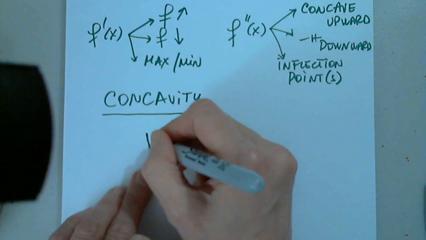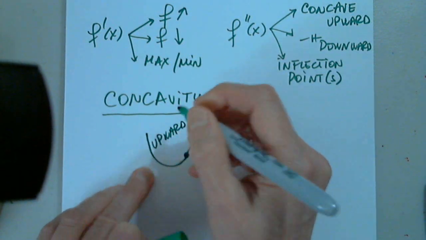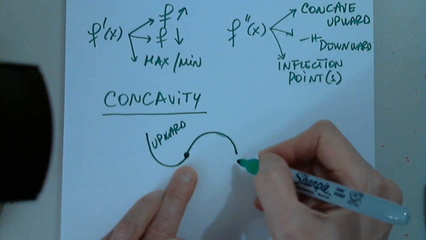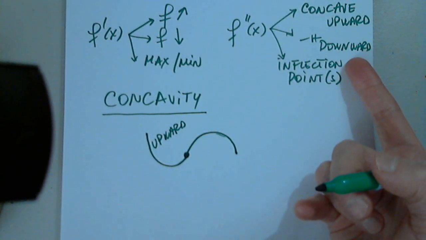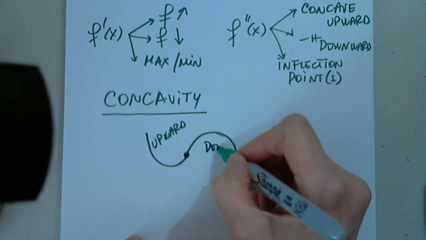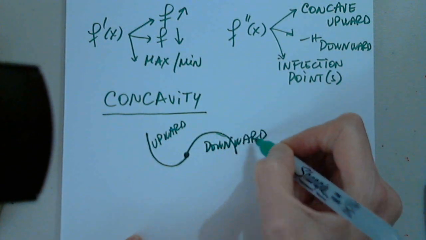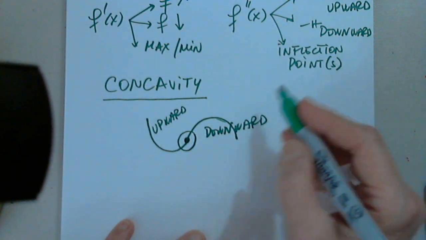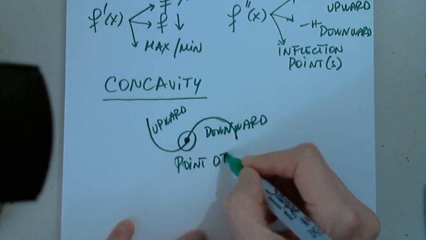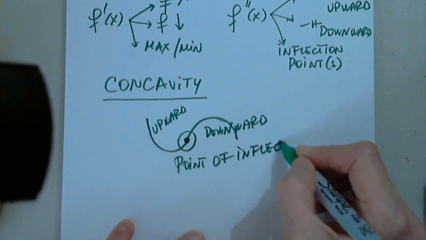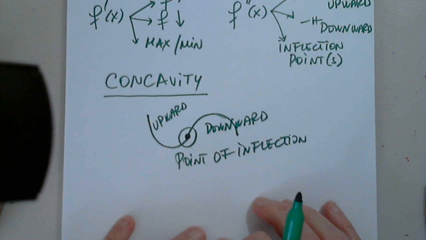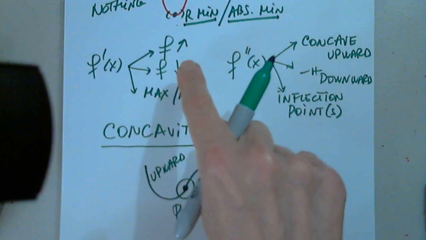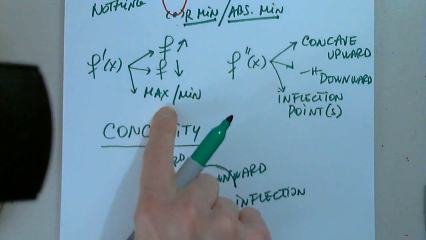So this is concave upward, holds water. And at this point, it turns down, which is concave downward. And of course, this is what we call the point of inflection, or inflection point.